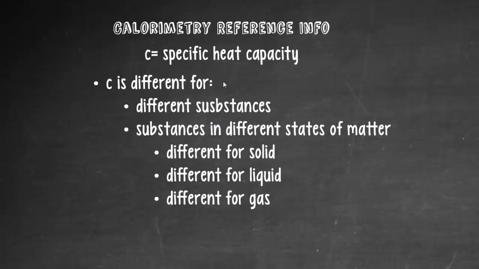So specific heat capacity, little c, is different for different substances. So for example, water has a specific heat capacity, lead has a specific heat capacity, fluffy bunnies have a specific heat capacity, and the way that they find that is basically they take something called a bomb calorimeter and they put whatever they're trying to figure out in it and they burn it.